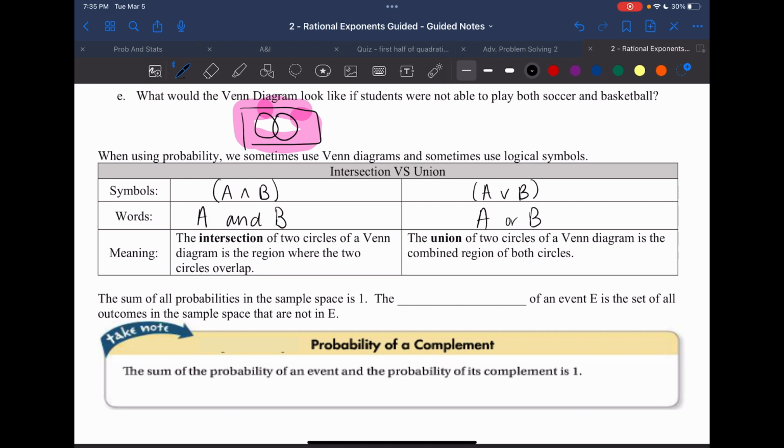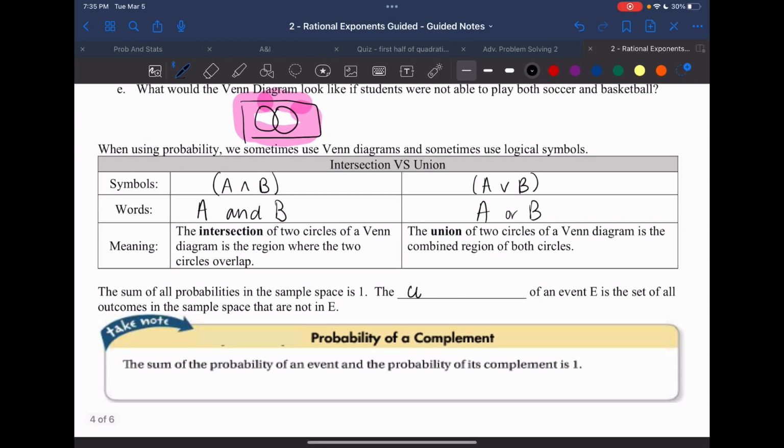The sum of all probabilities in this sample space is 1 because that would add up to 100%. The complement of an event E is the set of all outcomes in the sample space that are not E, so everything except for E. There's a theorem that says that the sum of the probability of an event and the probability of its complement is 1.